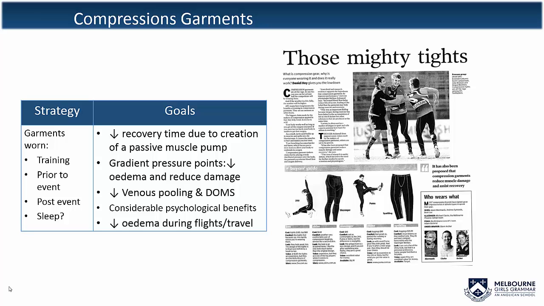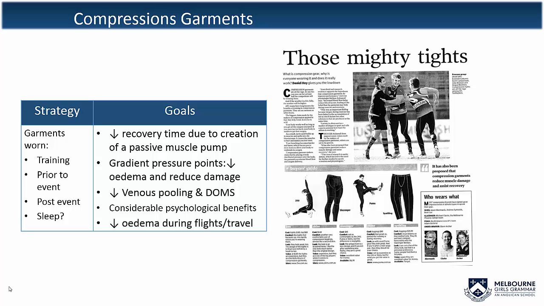So the idea is that it's got pressure points along the seams of the pants or the top that might be worn, and those pressure points are supposed to direct blood flow back to the core part of your body to decrease, again, edema, so that's linked in with swelling and reduce damage.